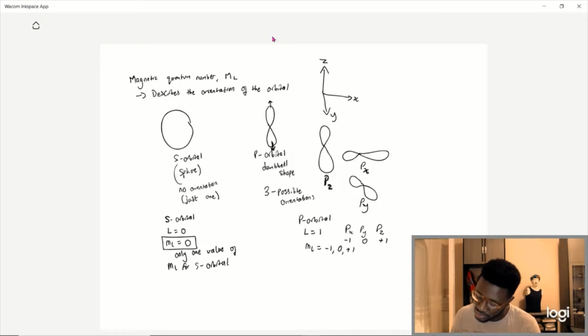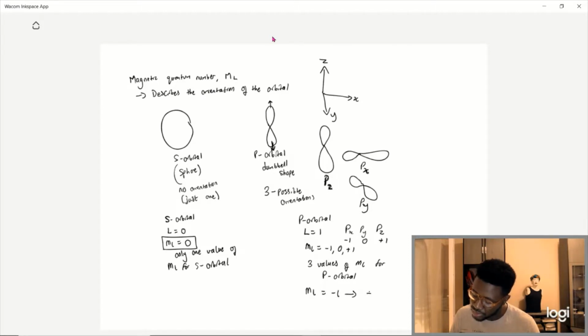So you have three values of ml for your p orbital. The values of ml for every L range from -L to +L.